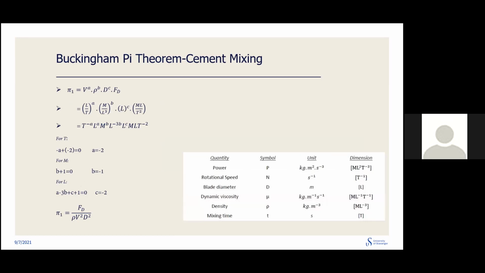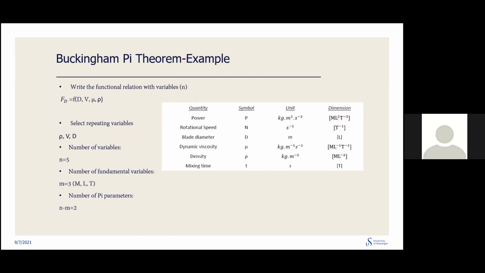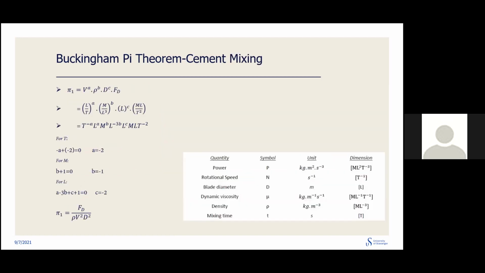So how it works: we write pi1 equals the repeating variables we chose here, V, rho, D, multiplied by the other remaining variable, which for the first one is the drag force. The aim is to make this equation unitless, dimensionless. So you write the unit of each parameter.